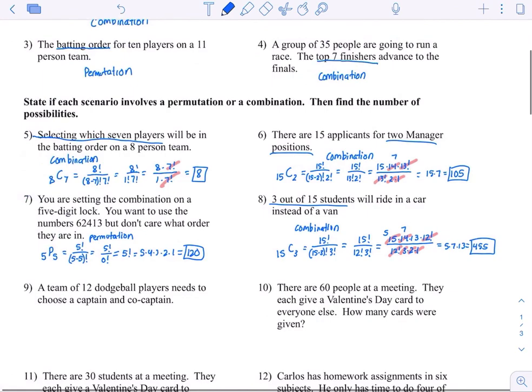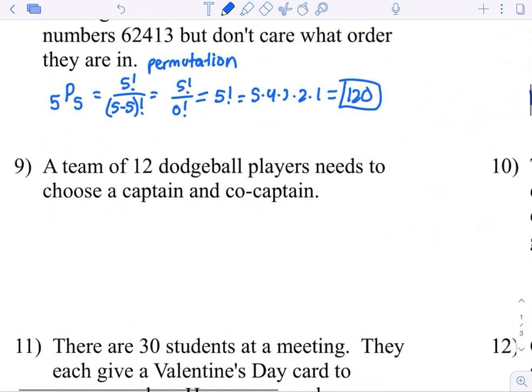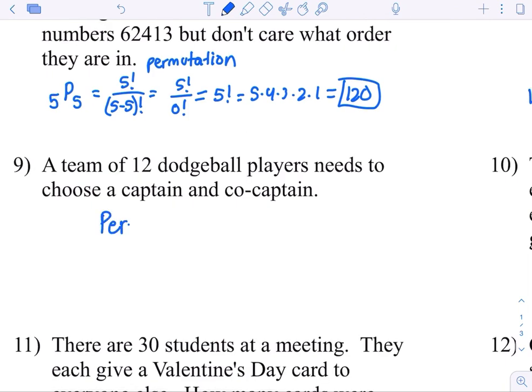Alright. 9. A team of 12 dodgeball players need to choose a captain and a co-captain. So out of those 12 players, there needs to be a specific person that's a captain and another slot for co-captain. So this is permutation. So 12, choose 2 of them.